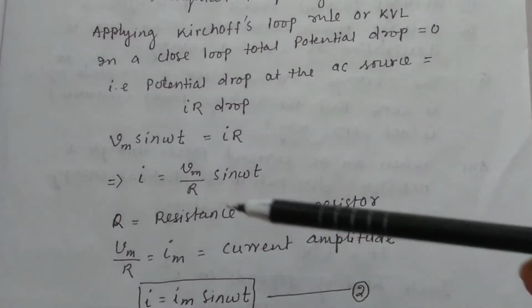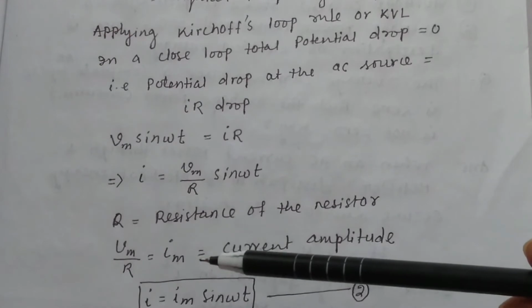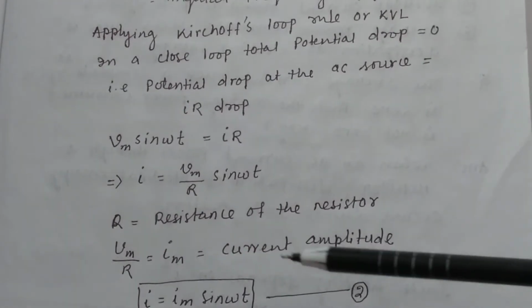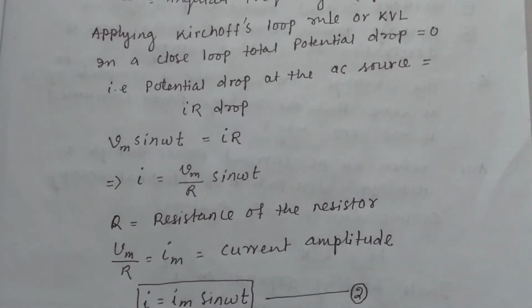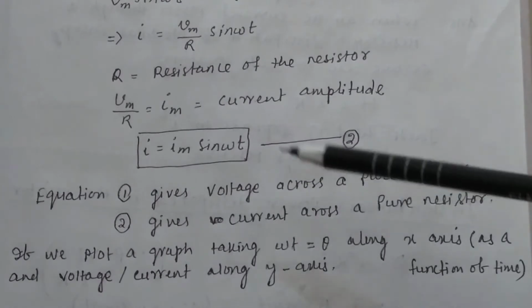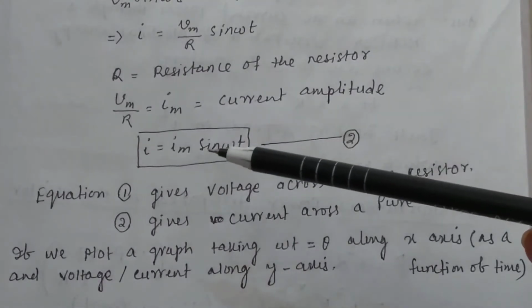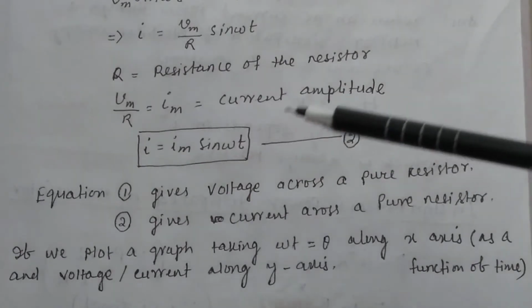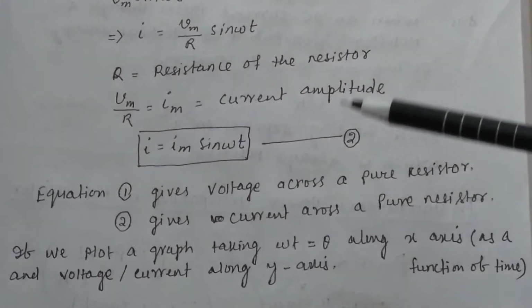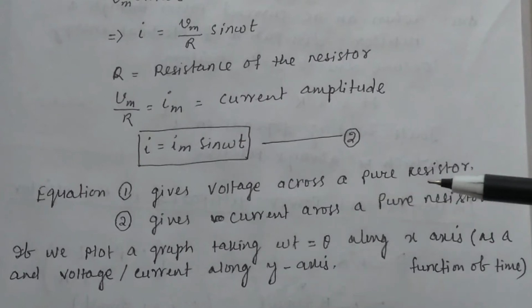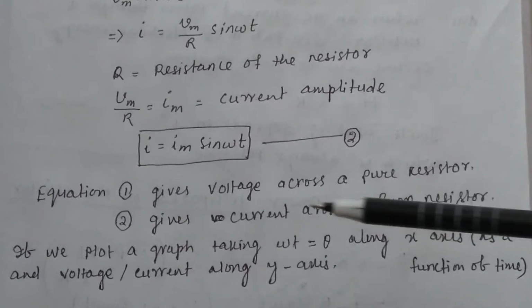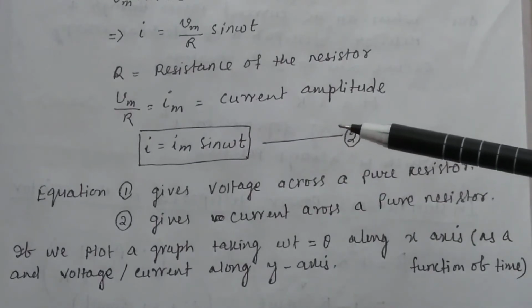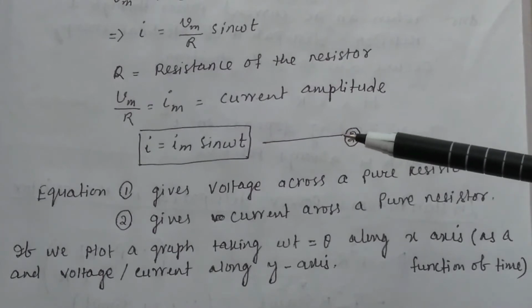Here Vm by R is equal to Im, called the current amplitude. So you can write the current equation as I equal to Im sin omega t. Equation 1 gives the voltage across a pure resistor, and equation 2 gives the current across a pure resistor.